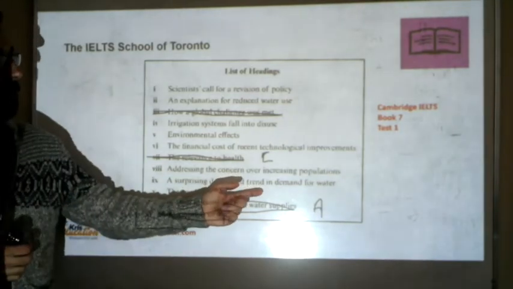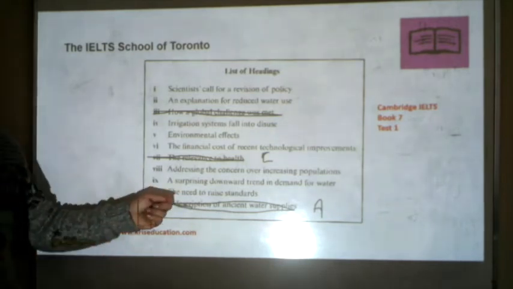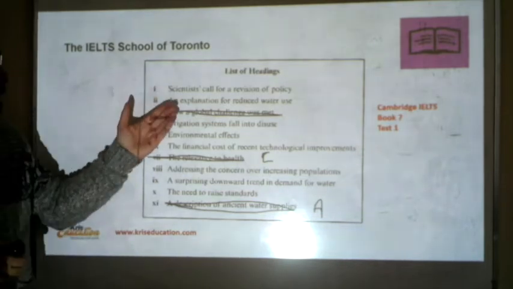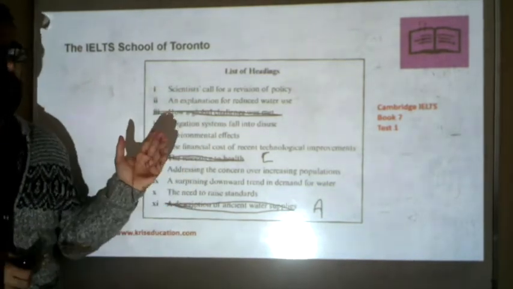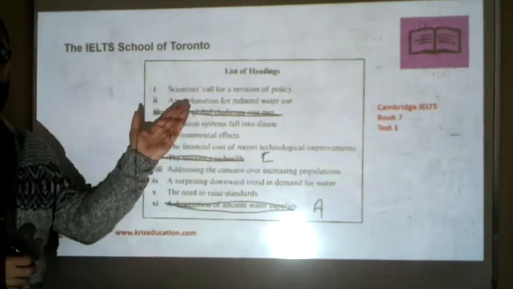Again, this sentence is not saying anything like this. Surprising downward trend in demand for water? No. And the need to raise standards? Not directly, nothing. This is a very common occurrence in IELTS. You read the first sentence and it matches with none of these.